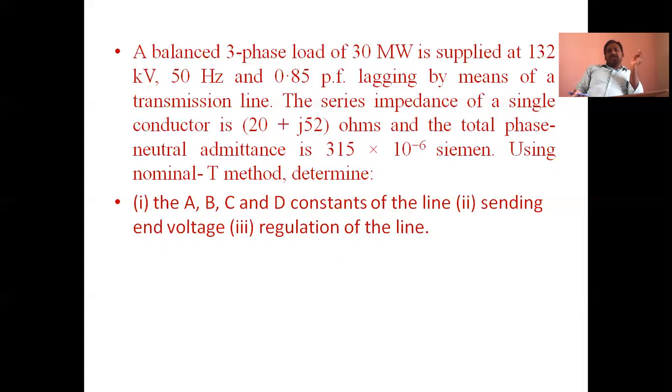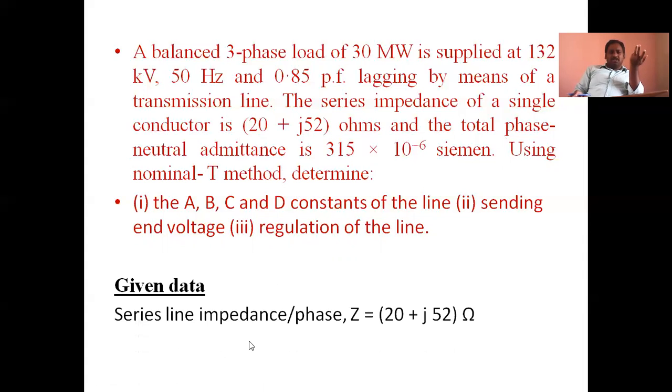The series impedance of a single conductor, 20 plus J52 ohms, is the Z value, and the total phase neutral admittance, 315 into 10 power minus 6 Siemens, is the Y value. Using the nominal T method, we can determine these things. So then we know the formula.